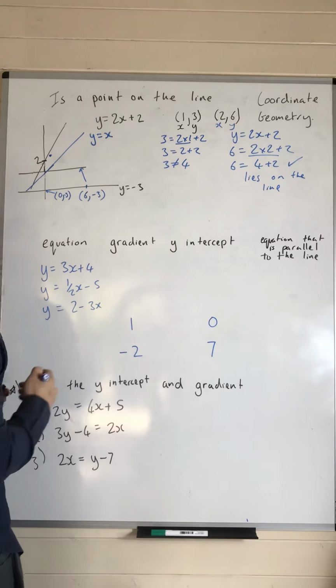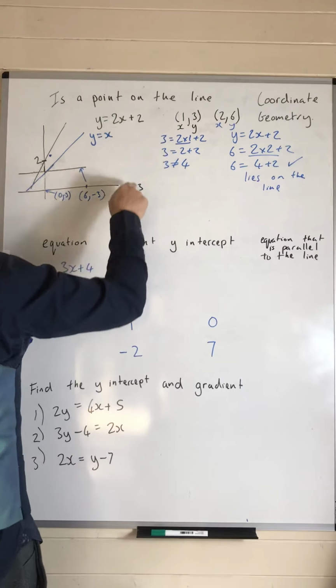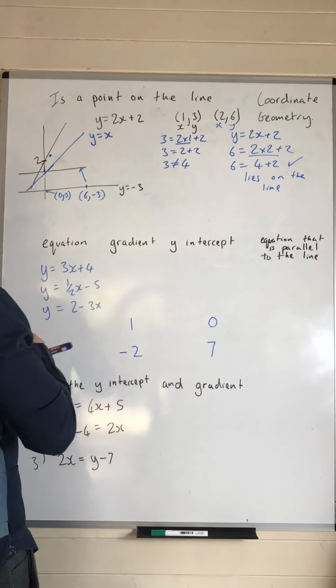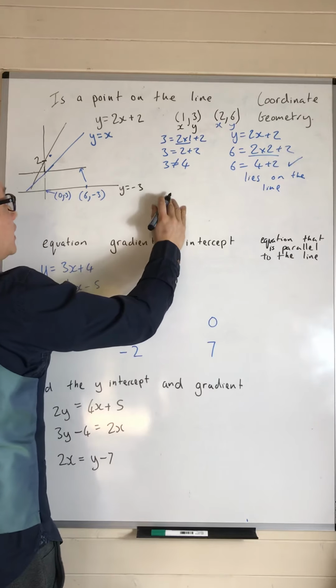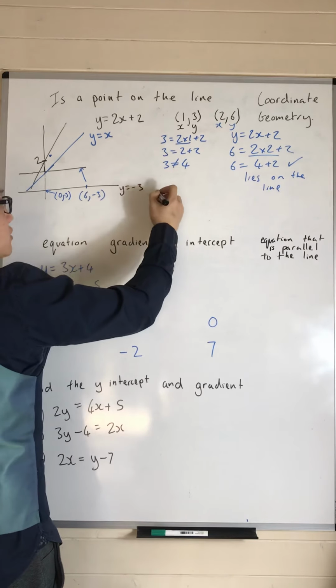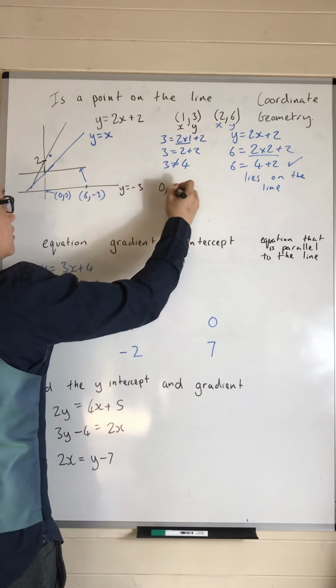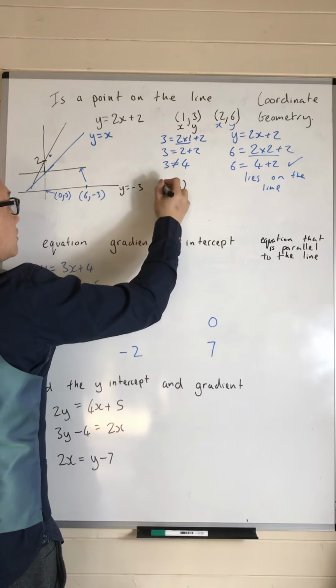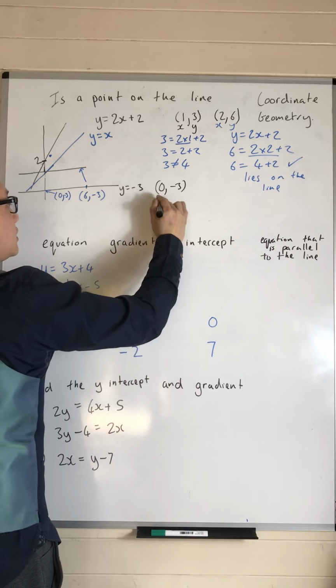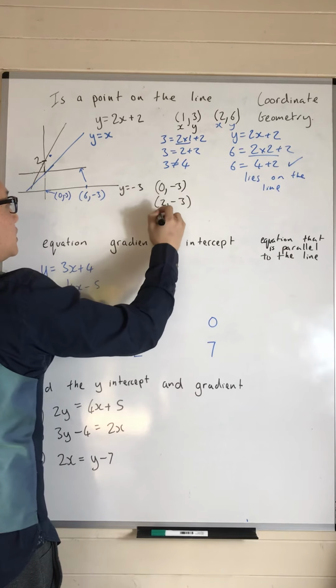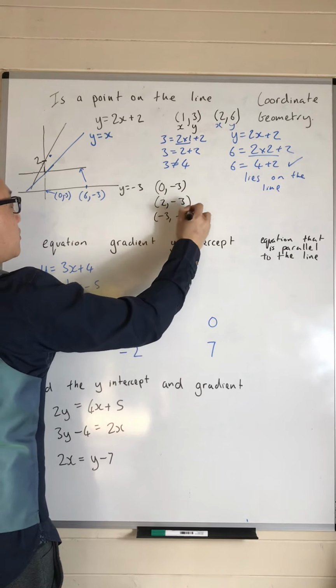That's quite easy to prove. The only points that are on this line are when y equals minus 3, so that would work, that would work, because y equals minus 3 here.